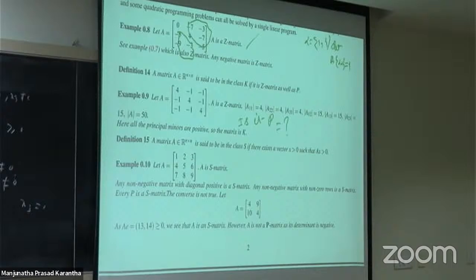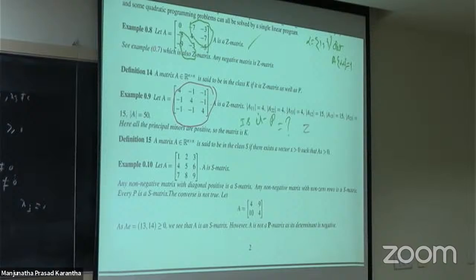You can just work it out quickly. Is it a P? So my concern is whether this matrix is a P matrix or not. Yes. So that means it is Z intersection P.